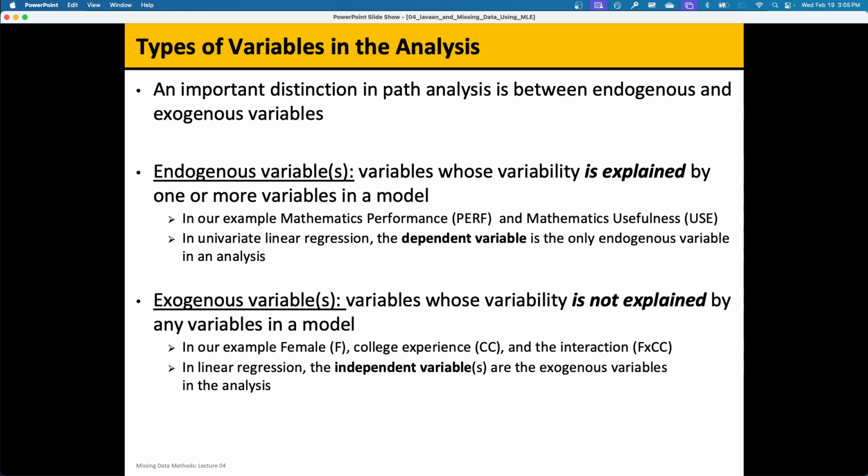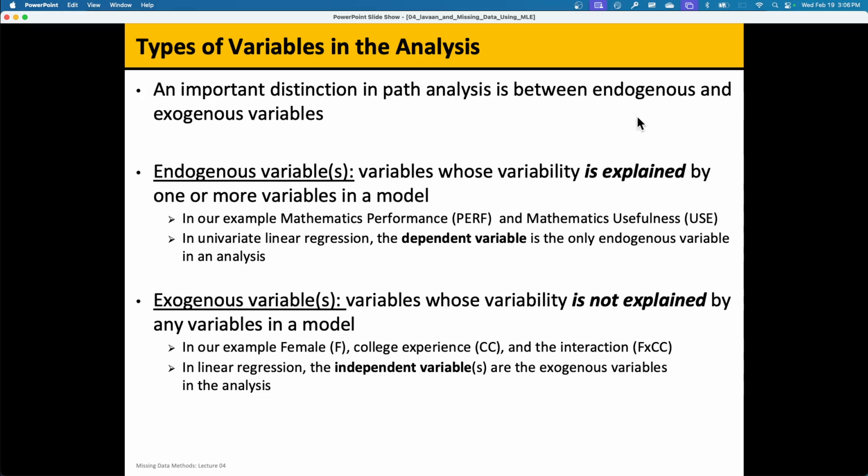Auxiliary variables, for instance, we would call exogenous, right? Meaning those are variables that vary, that exist, but they're not explained in our model. We just take them for what they happen to be. So exogenous variables are not being predicted.